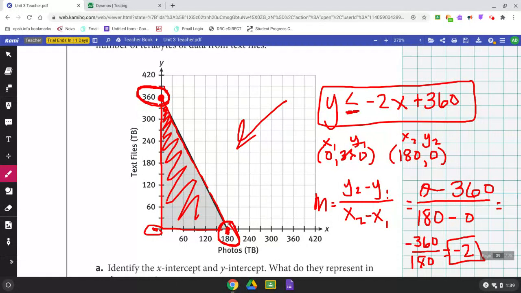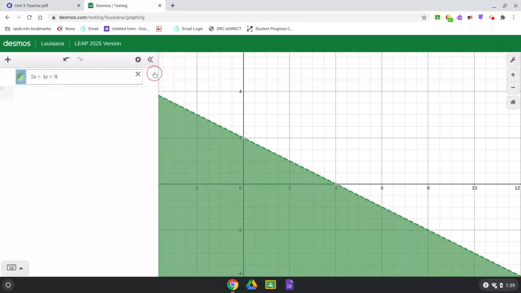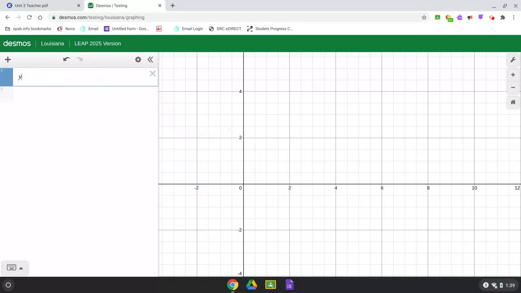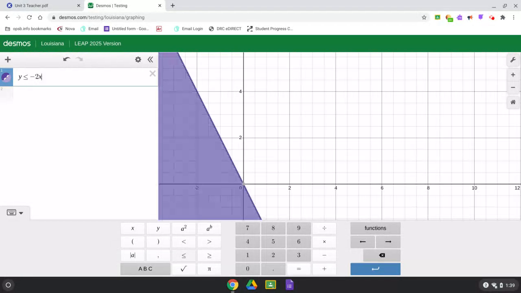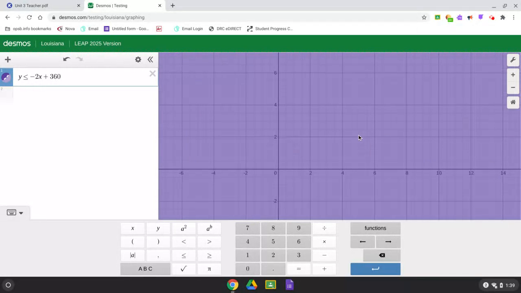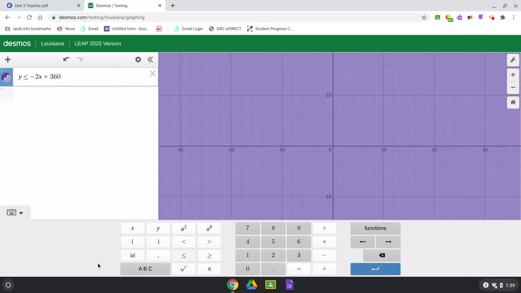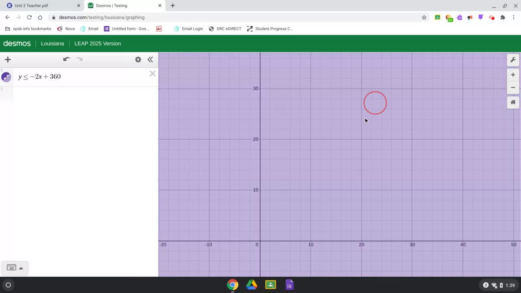Now, you can check it by going to Desmos and verifying that that is the same graph. So y, let's clear this out. Y is less than or equal to negative 2x plus 360. So I'm going to have to zoom out a great amount because of my graph here.